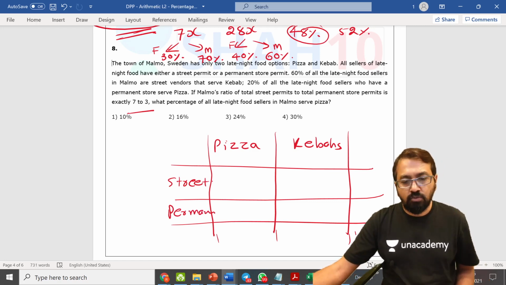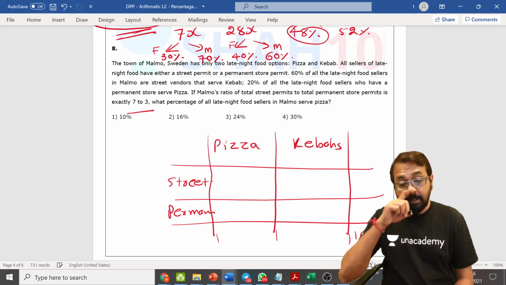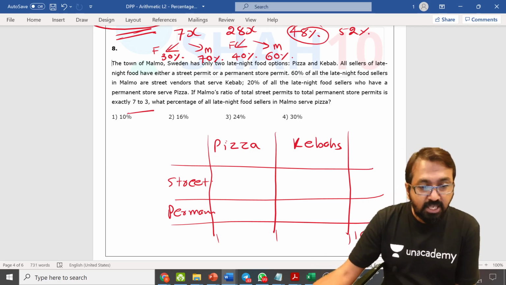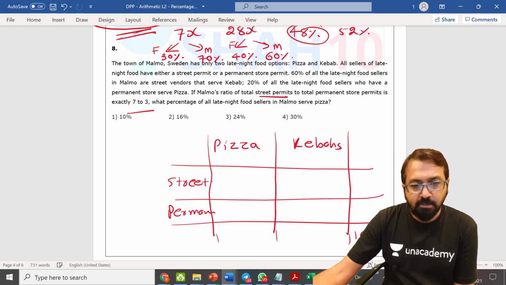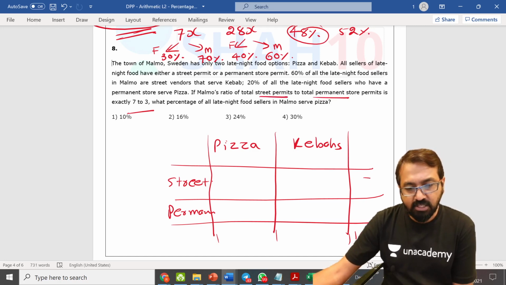Okay, so let's assume there are total 100 store owners, and further in the last line it is mentioned that the ratio of total street permits to total permanent store permits is 7:3. So street is 70, permanent is 30. This is what we know.